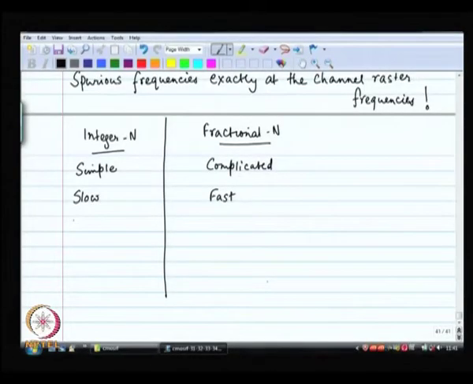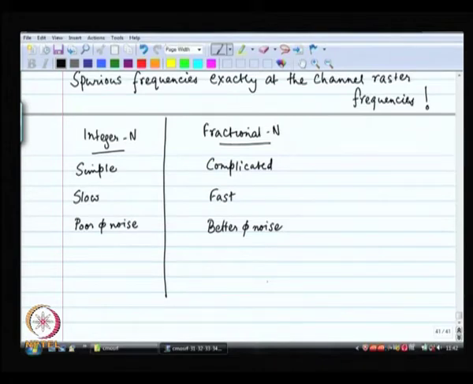Next, what else? So, the integer n, I say that it has poor phase noise, fractional n has better phase noise. Why did I say such a thing? Because of low loop bandwidth.